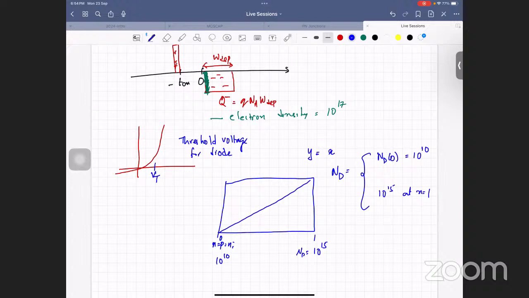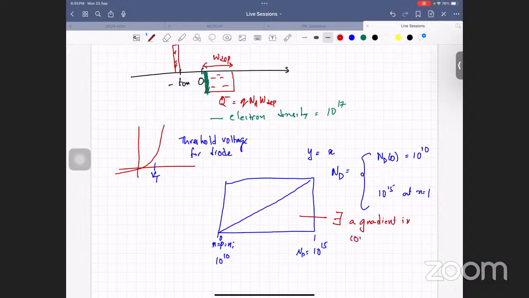Now, what should happen in this scenario when you have an increasing doping concentration? Clearly, on this side there are more electrons than on this side. There exists a gradient in the concentration of electrons.